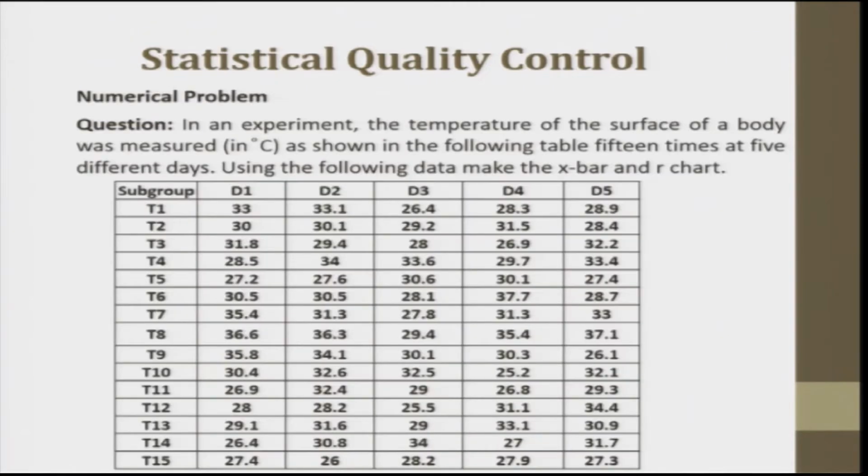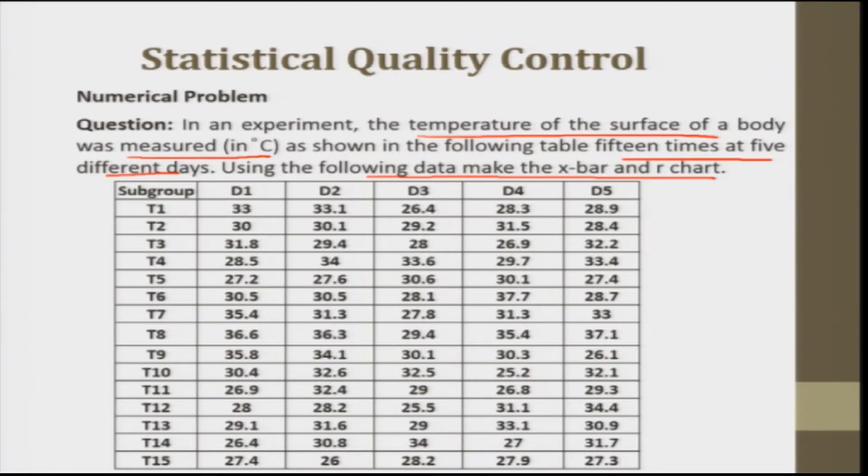Okay, I have this numerical problem here. In an experiment, the temperatures of the surface of a body were measured in degrees centigrade, as shown in the following table, 15 times on 5 different days. Using the following data, make the X bar and R chart. Temperature is continuous data in this case, so we will construct a control chart for variables.